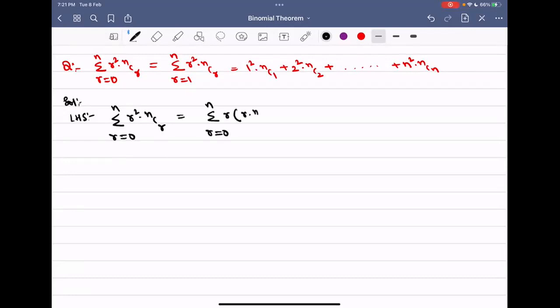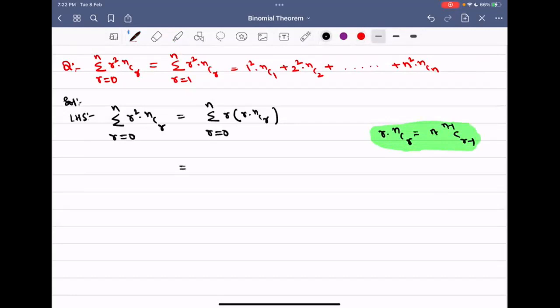One r contributes to this nCr. Therefore, r into r nCr. Now we know this formula: r into nCr is equal to n into n minus 1 C r minus 1. Use this result. So if you use this result, then what you get?